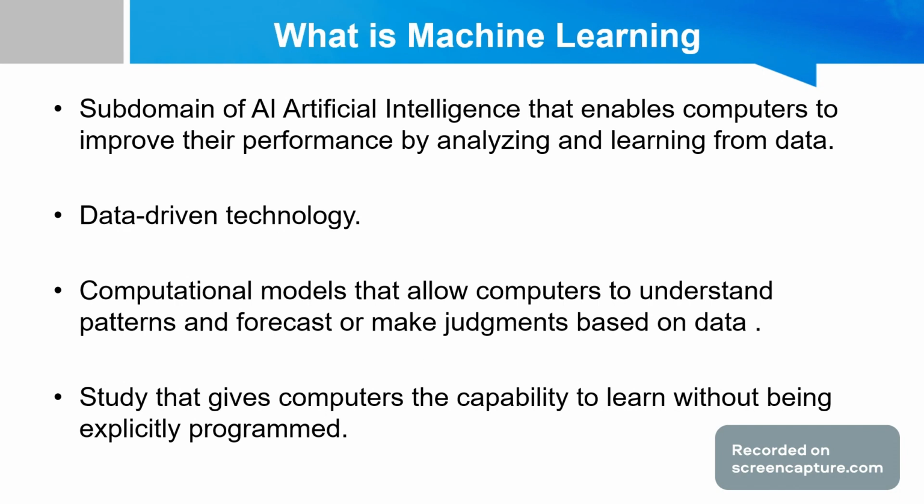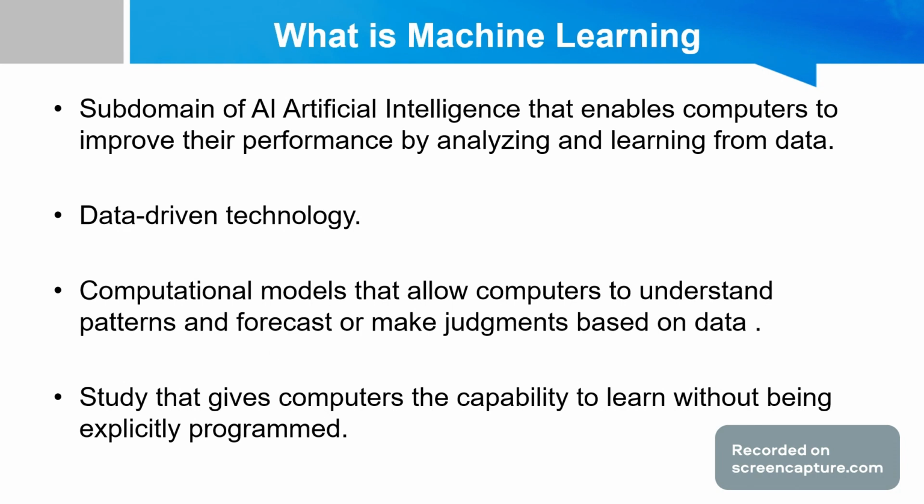Machine learning is a subdomain or subpart of artificial intelligence which allows computers or machines to get trained and improve model performance by analyzing and learning from previous data. That's why it is known as a data-driven technology.